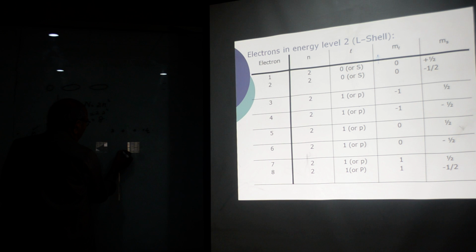L shell. L shell में ये आपके पास K shell है, ये L shell है.